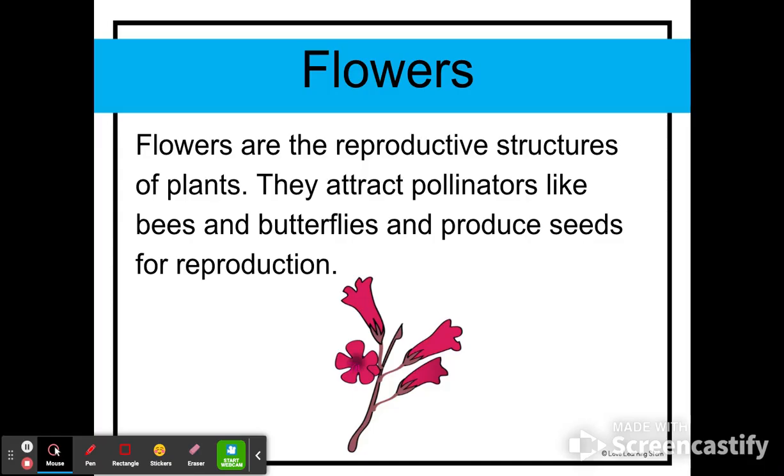Flowers are also external structures, and they are the reproductive structures of the plants. They attract pollinators like bees and butterflies, and they help produce seeds for reproduction.